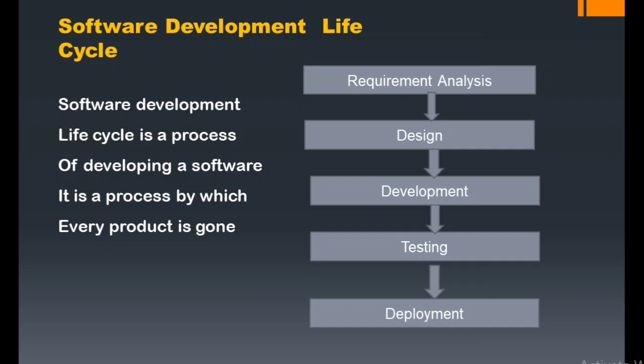Then our next phase arrives, that is deployment. After all testing is done, our software is ready for deployment to our client. So this is a little bit about the software development life cycle, SDLC, the process of developing software. Every software needs to go through these 5 stages: requirement analysis, design, development, testing, and deployment.